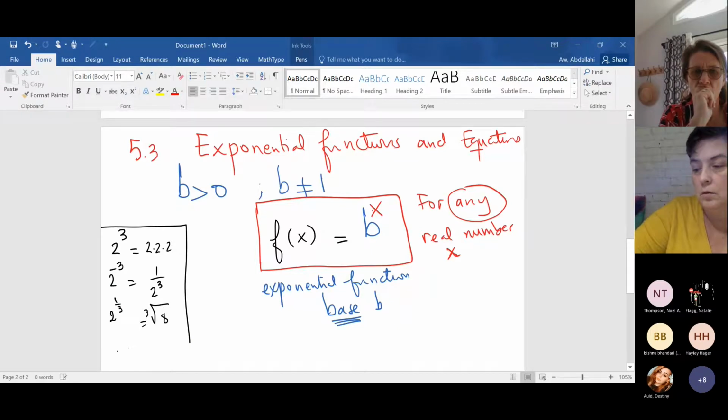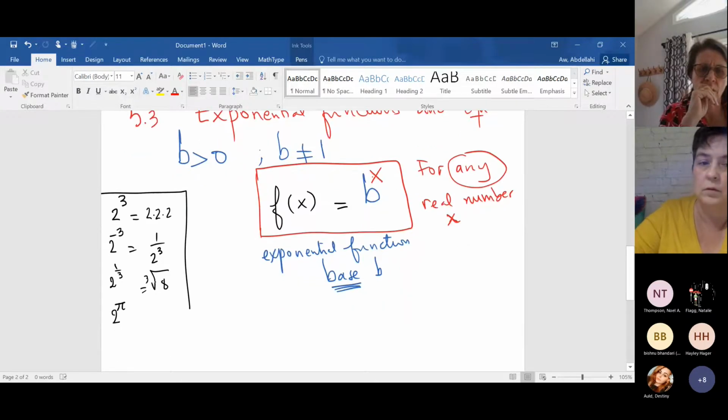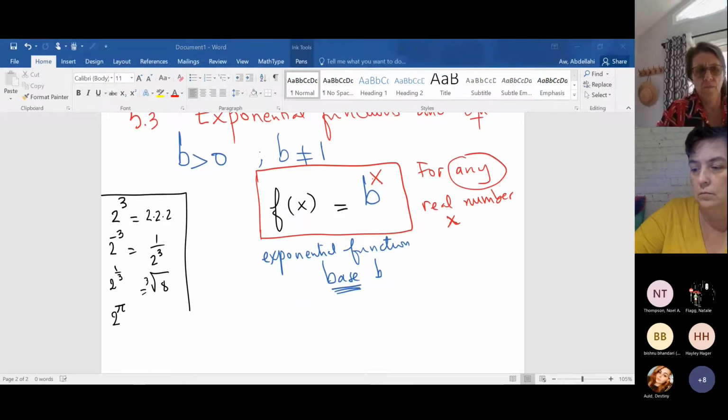Etc., etc. But if you allow the exponent to be any number, let's say, for instance, you take 2 to the pi power. You see that? That number is not a trivial number. Everybody knows pi? You see how pi is complicated?